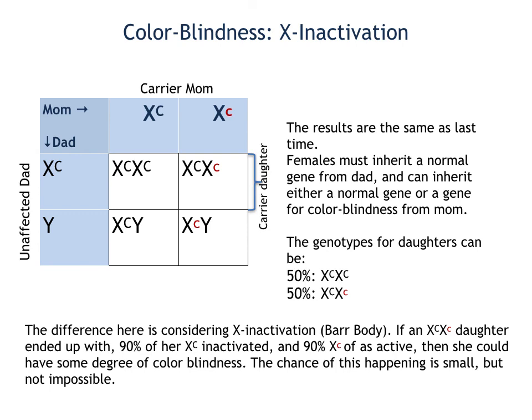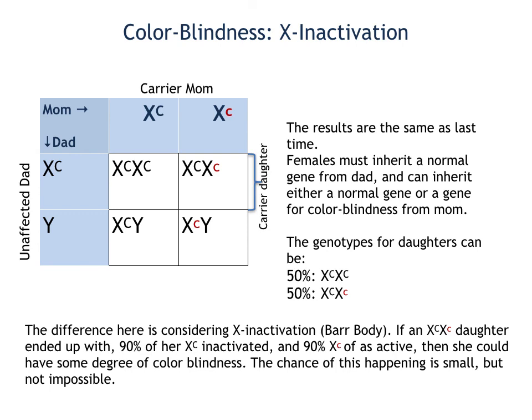And Dad can only donate to his daughters the normal X chromosome. So looking at our two daughters, we have one daughter that has completely normal chromosomes, and then we have the other daughter that looks like Mom, and she's a carrier status, right? However, can that carrier ever end up being colorblind? And yes, indeed, this could happen.